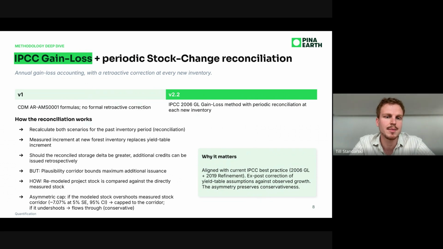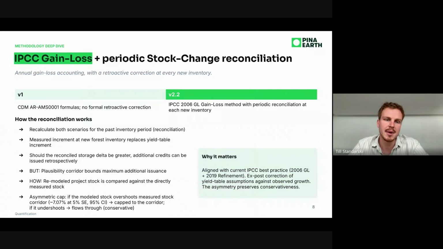We get the harvesting reports on an annual basis from the forest owners and can just compare those to the baseline harvest rate that we calculated in the beginning. And then to put in a safeguard from the inventory data that we get every 10 or every 15 years, we do a reconciliation every time we get new inventory data. And what we then do is we use the measured increment that we get from this inventory data and recalculate both scenarios in hindsight.